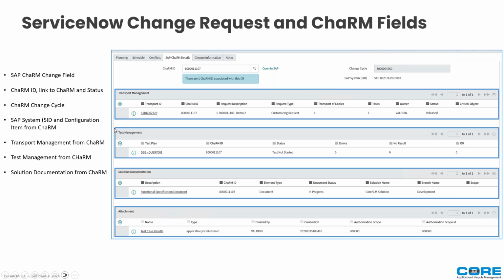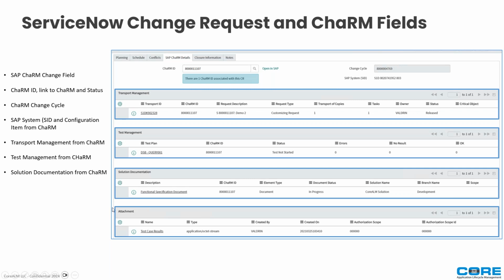If you use test suite and test management capabilities in Solution Manager, and you, for example, attach test cases or a test plan to a change document, we are going to display the related test information in ServiceNow. In addition to that, any solution documentation, document nodes or process nodes that are added to the change document, we're going to display those in ServiceNow as well.